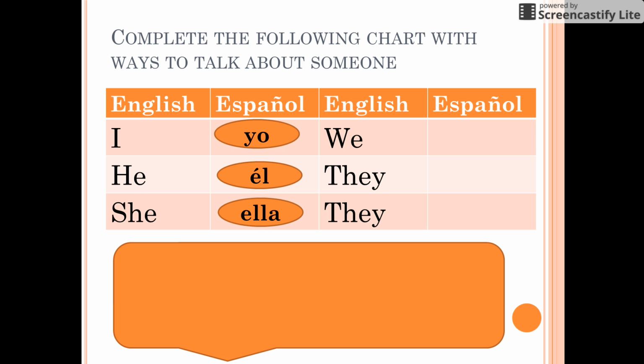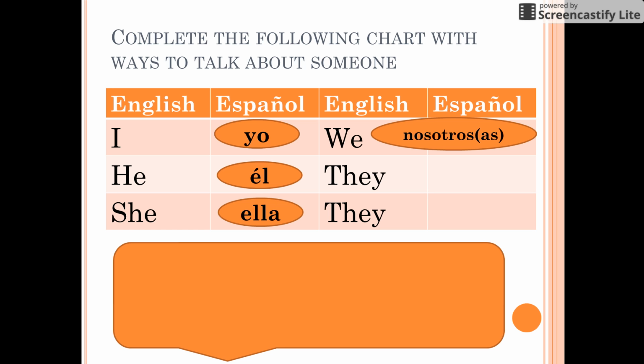That too would be ella. Now let's talk about the plural. If I'm talking about I, someone and I, that's plural, still first person because I is included, but I'm including somebody else, someone and I. What would that be? You got it. Nosotros, nosotras is how we say we.